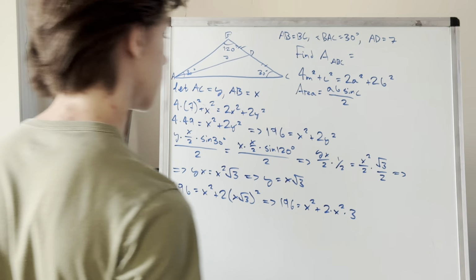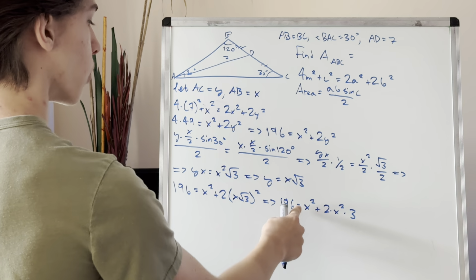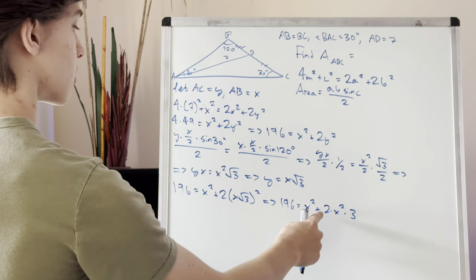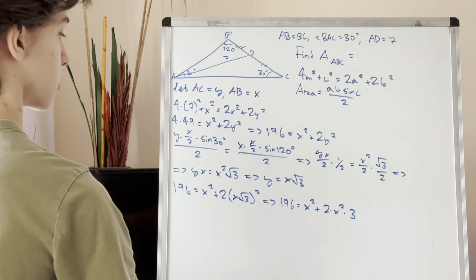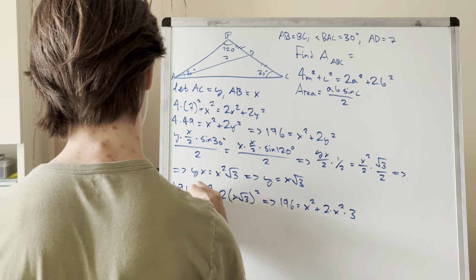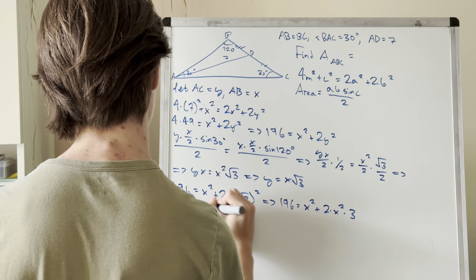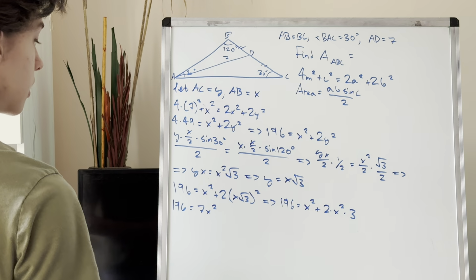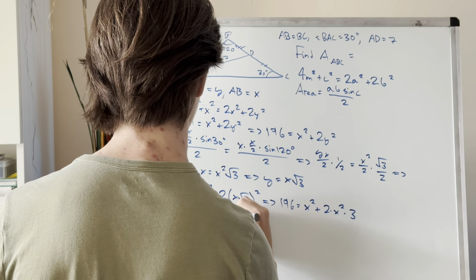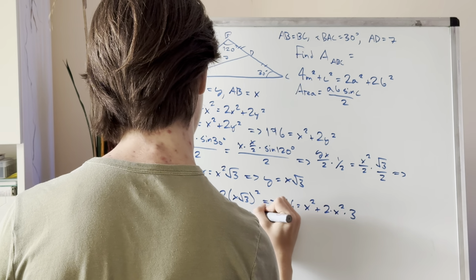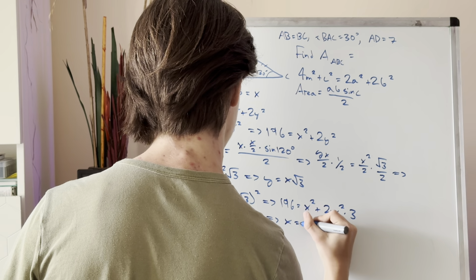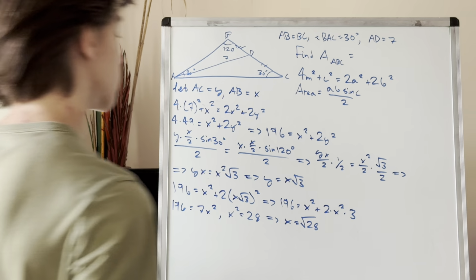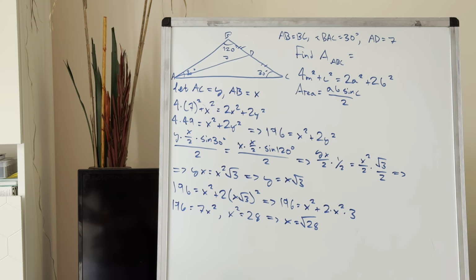So 196 equals 1x squared plus 6x squared, right? 2 times 3, 6. 6x squared. So we can conclude that 196 is equal to 7x squared. Or that x squared is equal to 28.